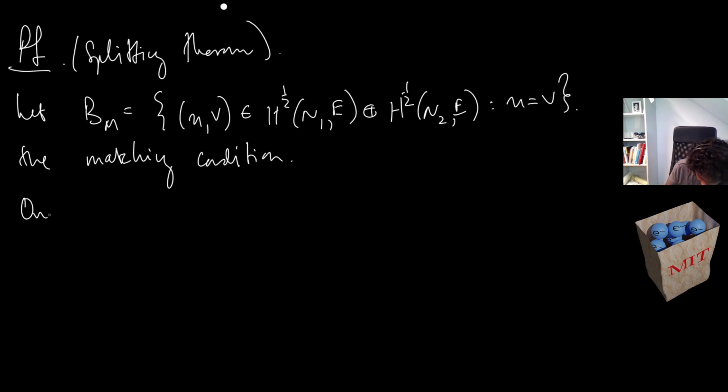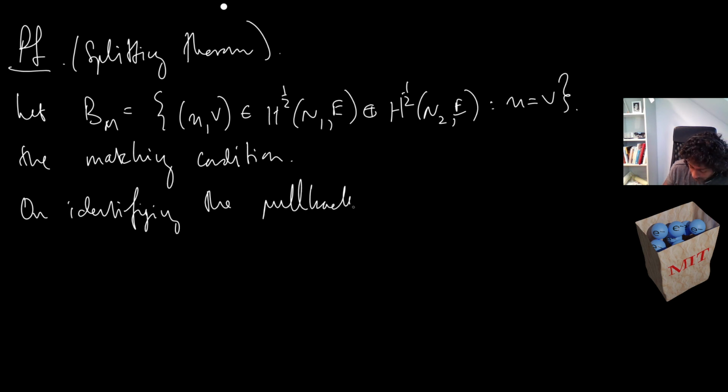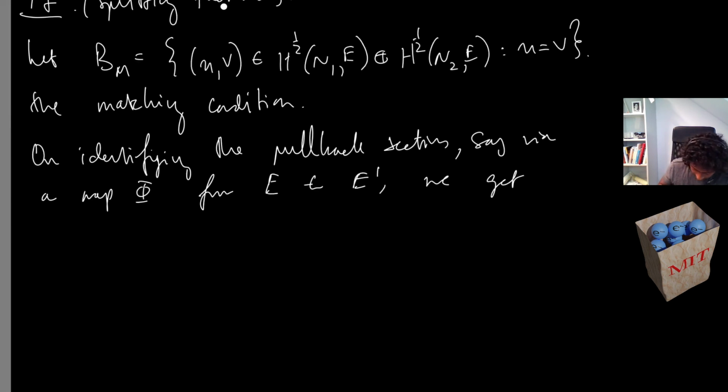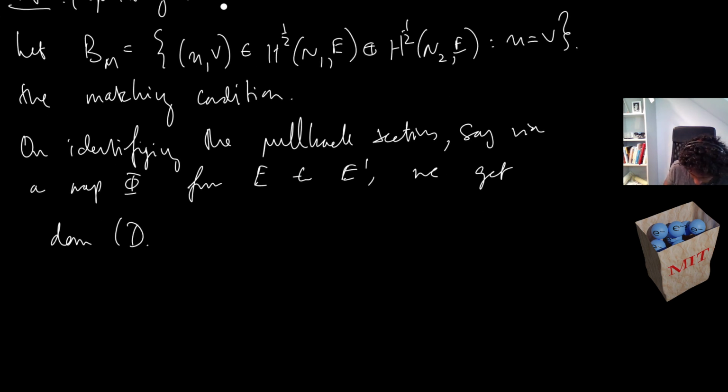So on identifying the pullback sections, say via a map phi from E to E prime, we get that the domain of D_B is equal to the domain of D. So why is that?